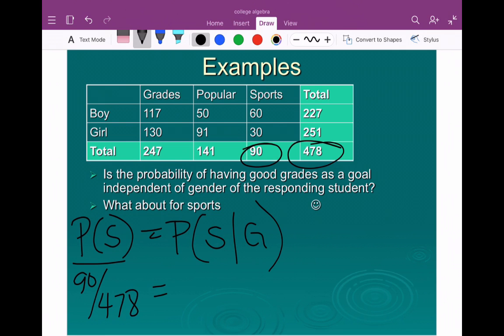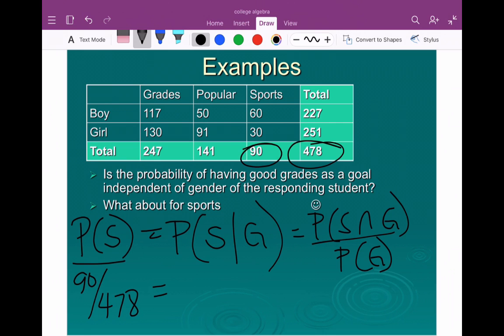For the conditional probability, we're still finding the probability that the goal is to be good at sports. But now we're given a condition. We know that they are a girl. So the conditional probability would be the probability of sports and girl out of just the girls.